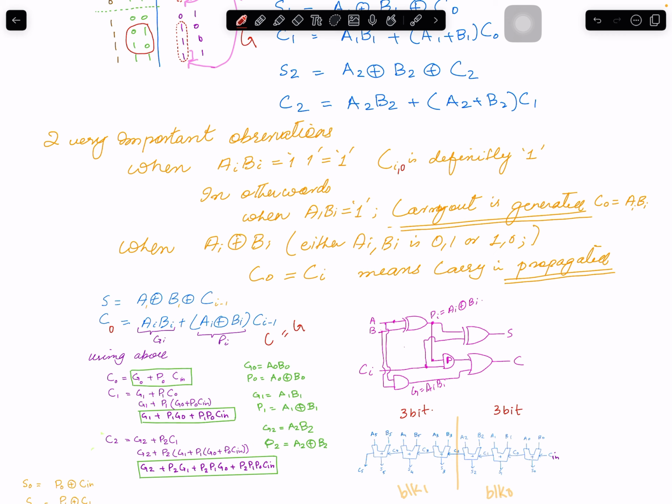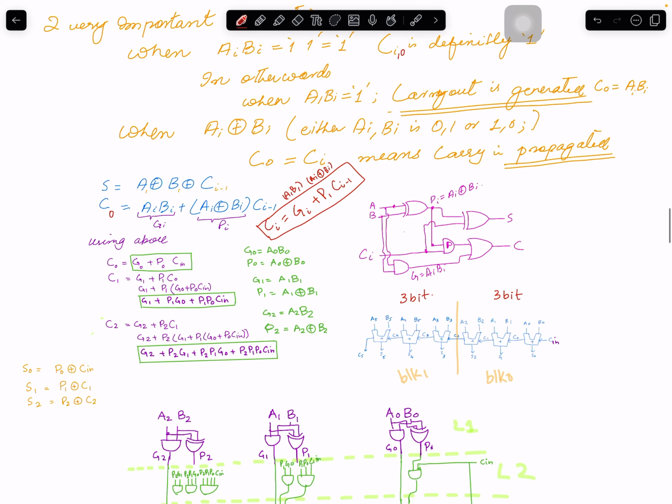So we can say that G_I is AI AND BI. Then P_I is AI exclusive OR BI. And then you have the previous carry, which is I minus 1. So that's how, really, if you want to make a general equation. Understood so far?